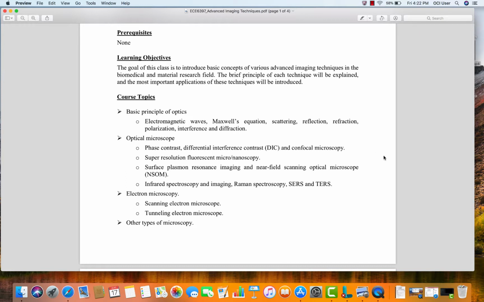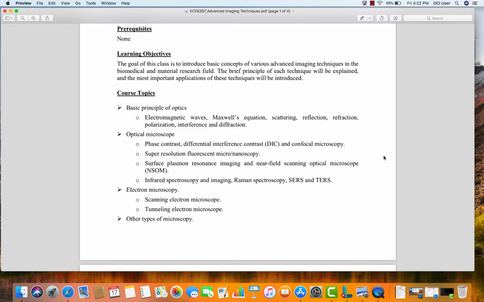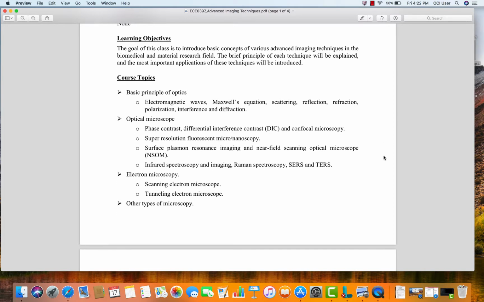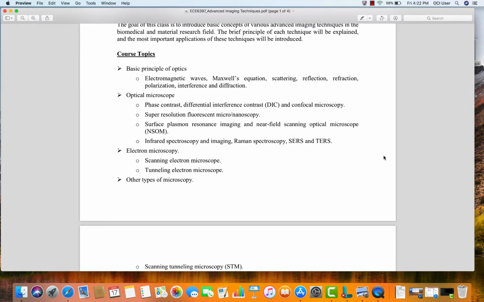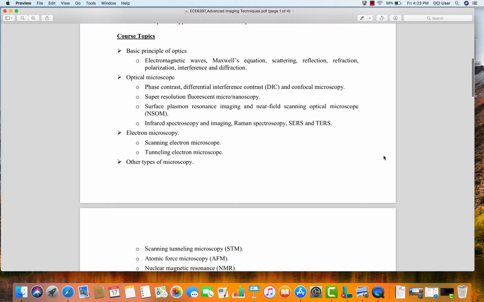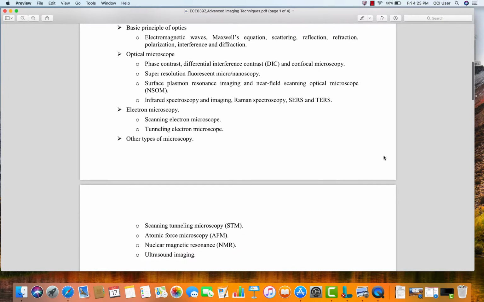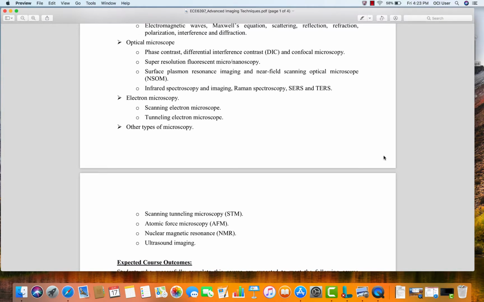Based on those basic concepts of optics, we will introduce some basic optical microscope techniques: phase contrast, differential interference contrast, and confocal microscope, and then some super resolution microscope, and some other scanning-based near field microscope, and a little bit of infrared spectrum if we have time, Raman spectrum and TERS.